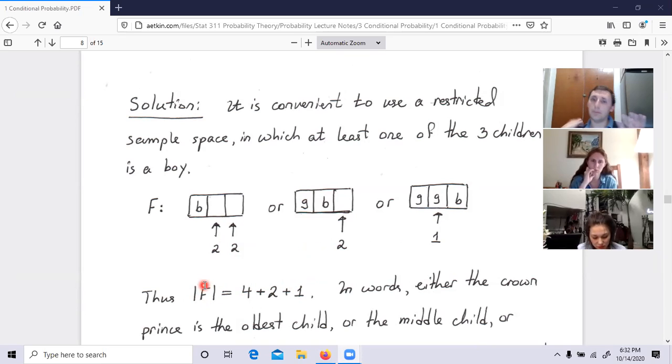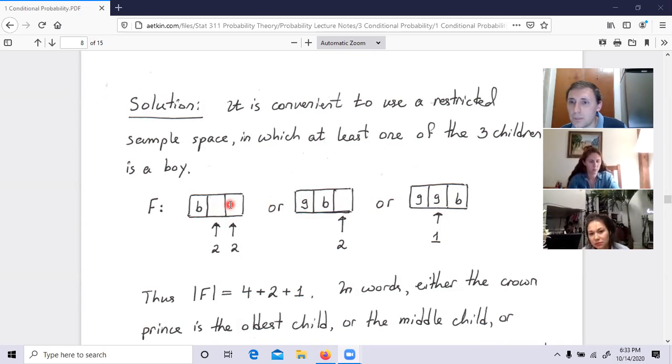Now, whenever 3 children are being born, there is no preference, supposedly. We're assuming it's like throwing a coin. There is no preference which child was born when. Do you agree? So there's no preference for all the possibilities. Could be all boys, all girls, any of the 8 possibilities. So here we have 7 equal possibilities.